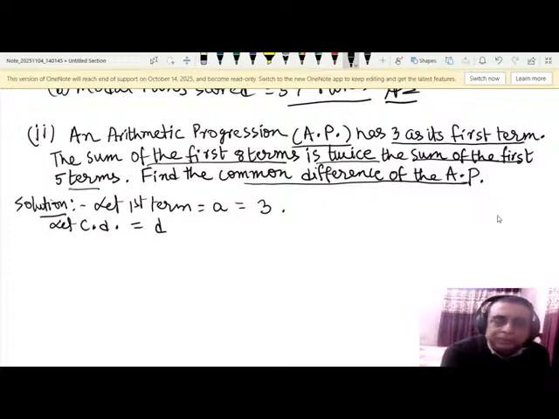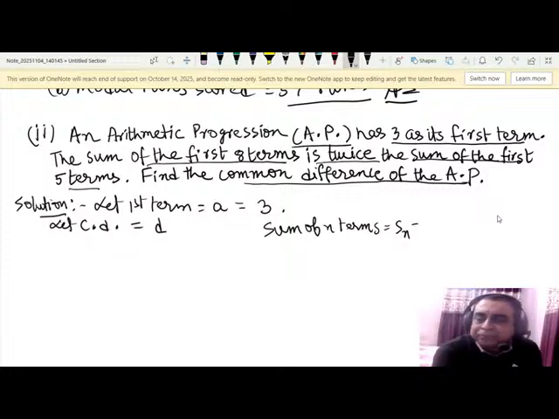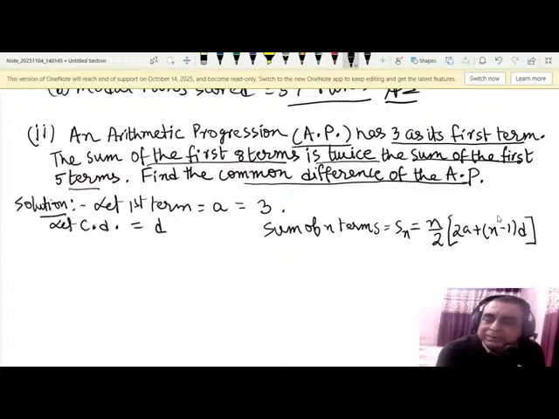Now we know the sum of n terms formula. Sum of n terms of an AP, we denote the sum of n terms by Sn. Its formula is n divided by 2 times 2a, a is the first term, plus n minus 1, n denotes the number of terms, multiplied with d, d denotes the common difference.